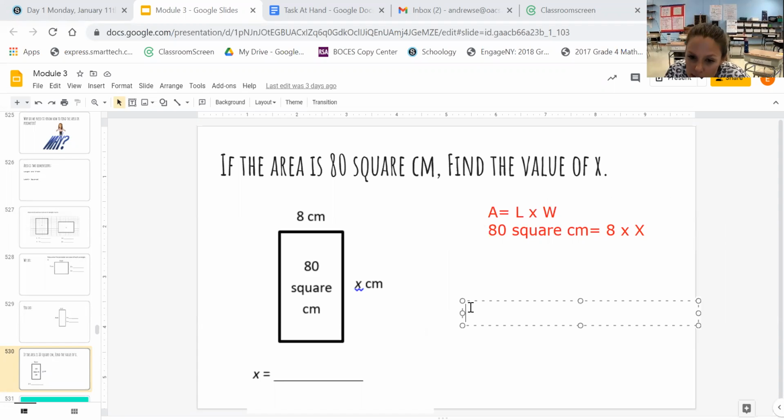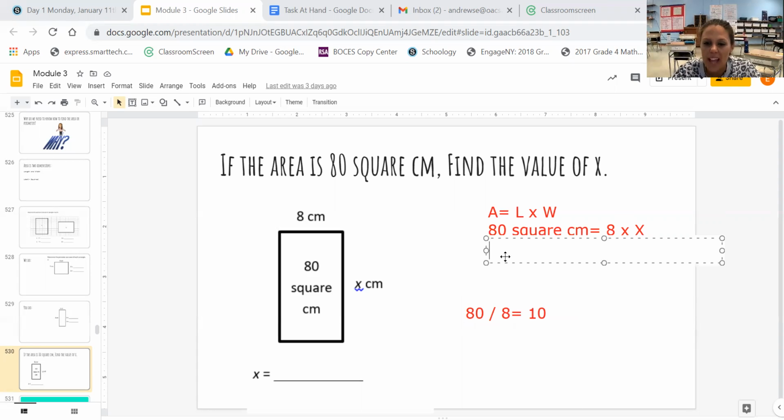Really, my equation is going to be 80 divided by 8 equals what? And it's a division equation because I'm finding that missing value. I know my patterns of 10, so I know 8 divided by 8 is 1. Add my 0, and let's check. 10 times 8, it really does equal 80.